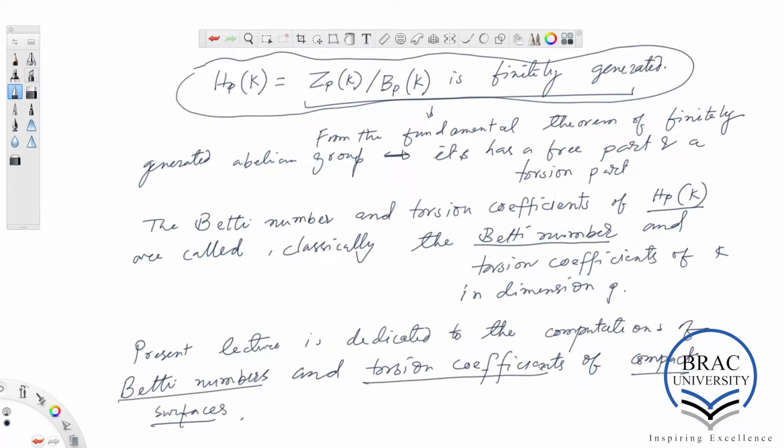All right, so this was a brief review of what we did in Algebraic Topology 1.